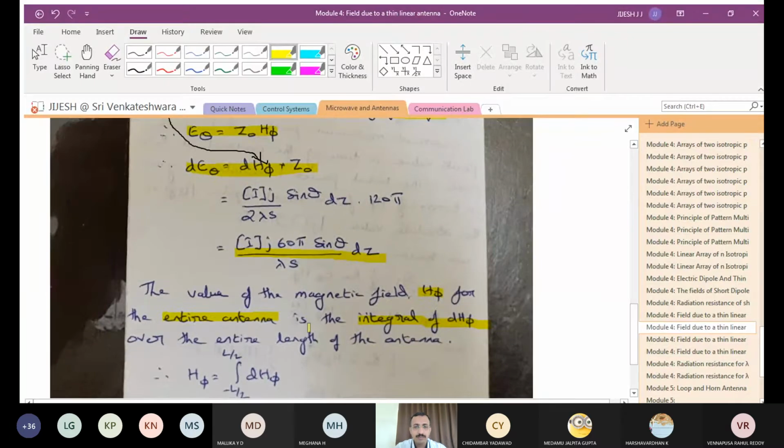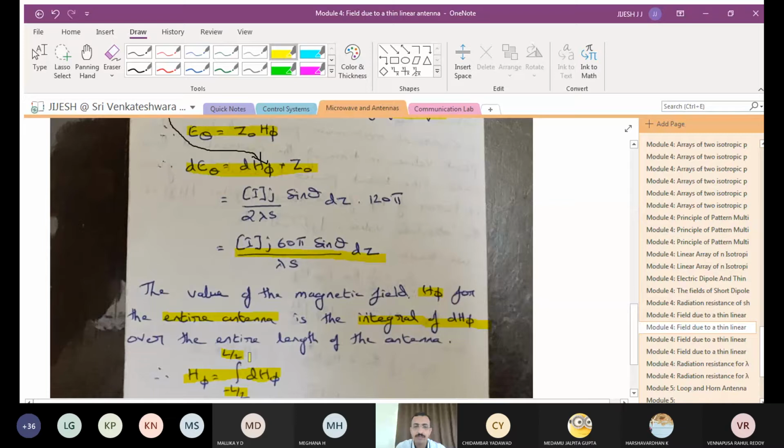To get the magnetic field for the entire antenna, you have to take H phi is equal to the integral, with limits from minus L by 2 to L by 2, of dH phi.